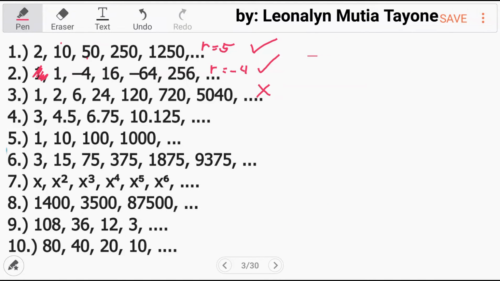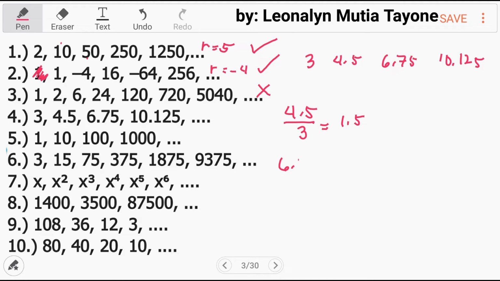Number 4. This is 3, 4.5, 6.75, tapos 10.125. Ang common ratio, 4.5 divided by 3, and that is 1.5.